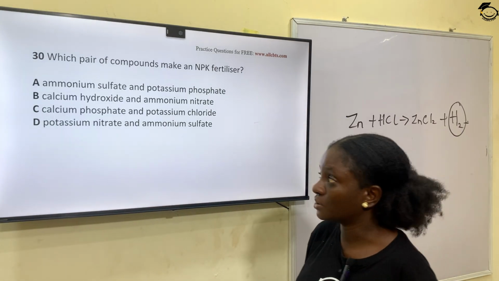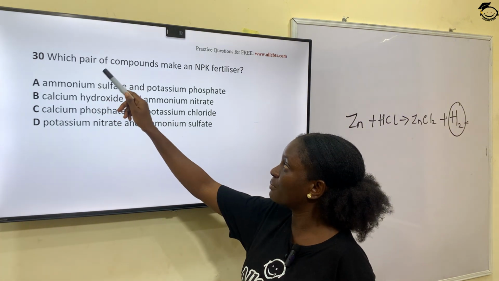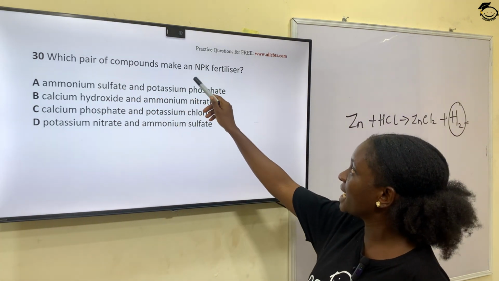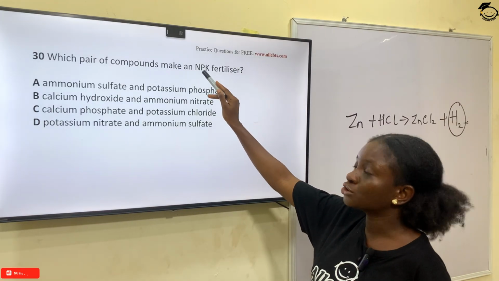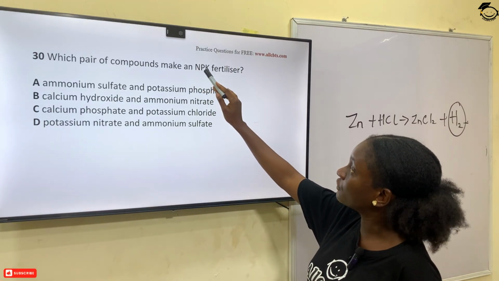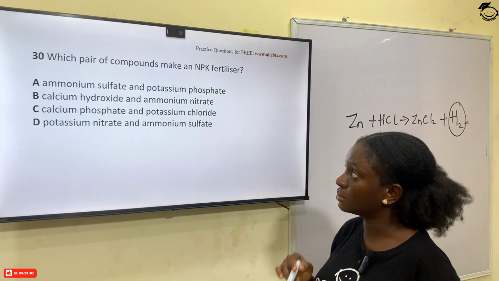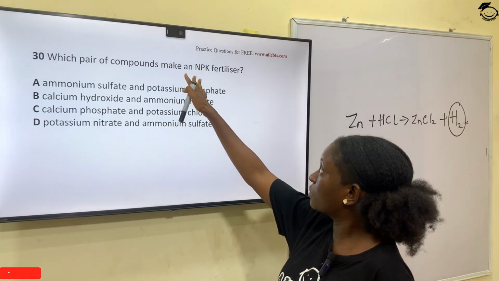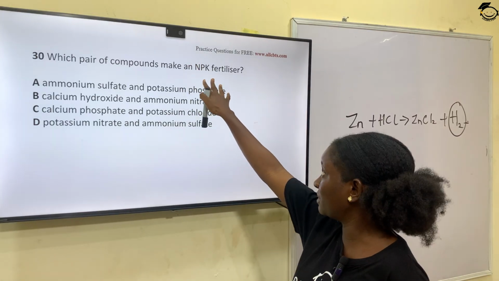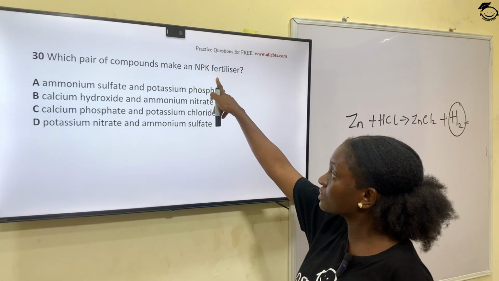And lastly, question 30. Which pair of compounds make an NPK fertilizer? NPK means nitrogen, phosphorus and potassium. So which pair of compounds comprises these elements, nitrogen, phosphorus, and potassium?